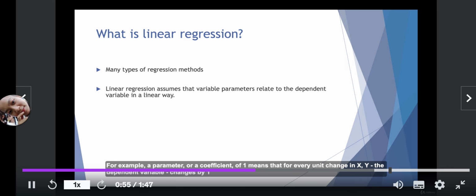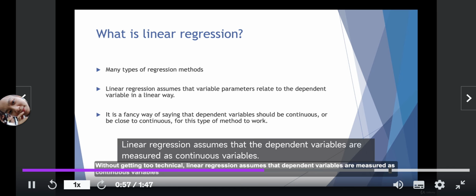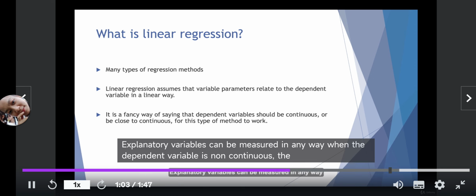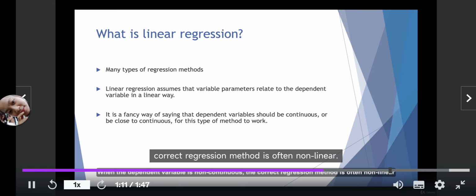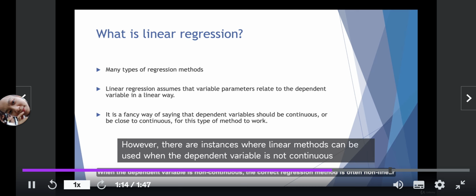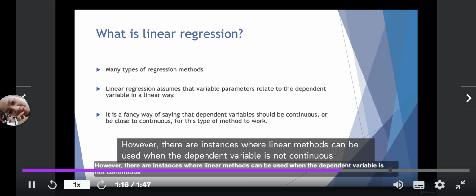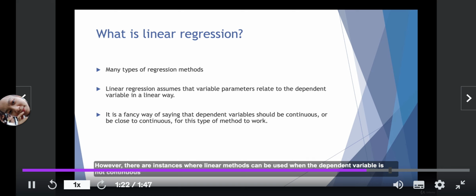Without getting too technical, linear regression assumes that dependent variables are measured as continuous variables. Explanatory variables can be measured in any way. When the dependent variable is non-continuous, the correct regression method is often non-linear. However, there are instances where linear methods can be used when the dependent variable is not continuous.